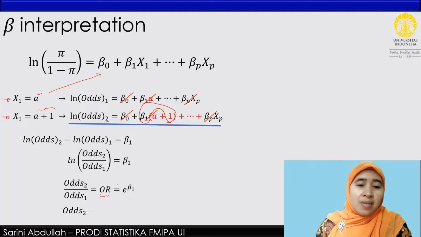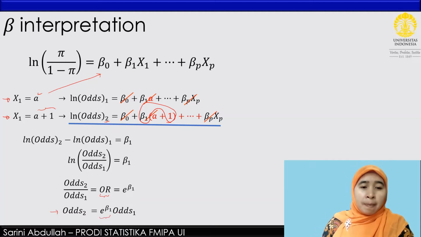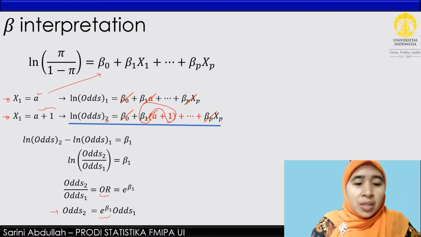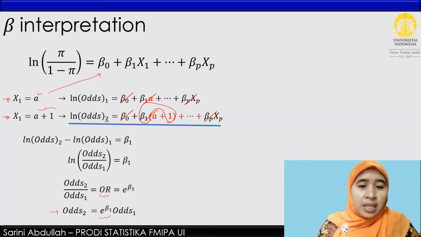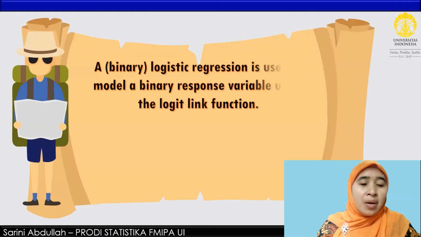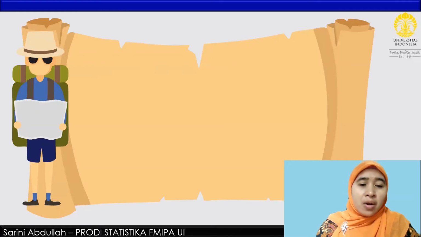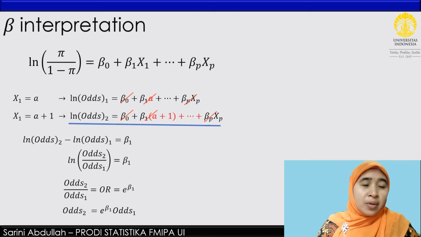So odds 2 is odds 1 times e to the power of beta 1. This is how we interpret the regression coefficient in a logistic regression.